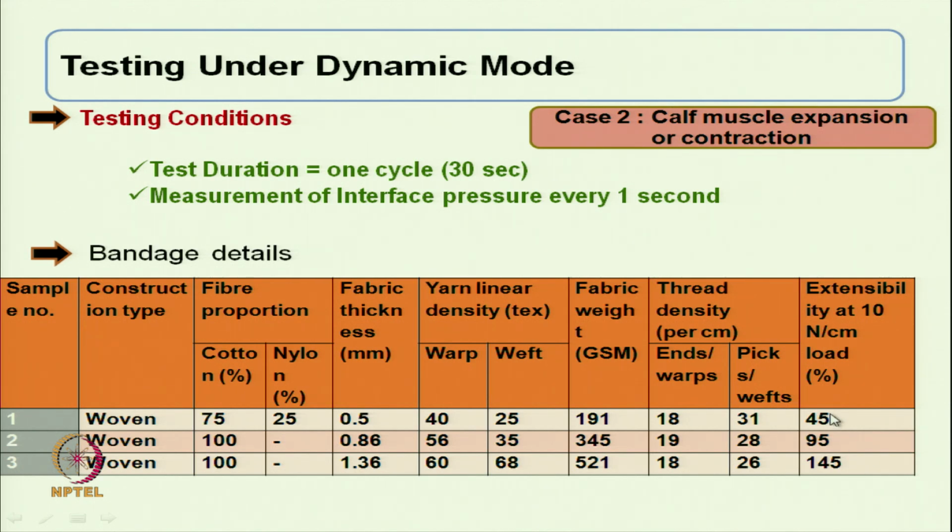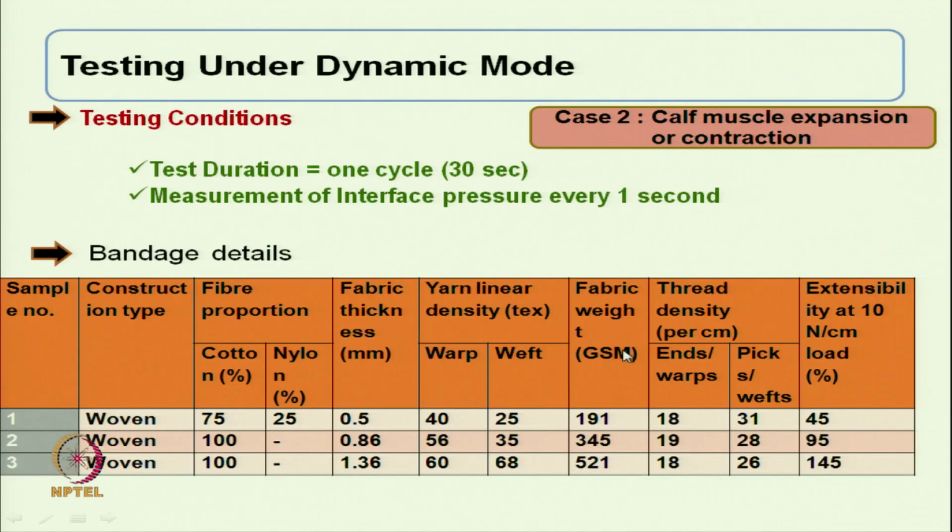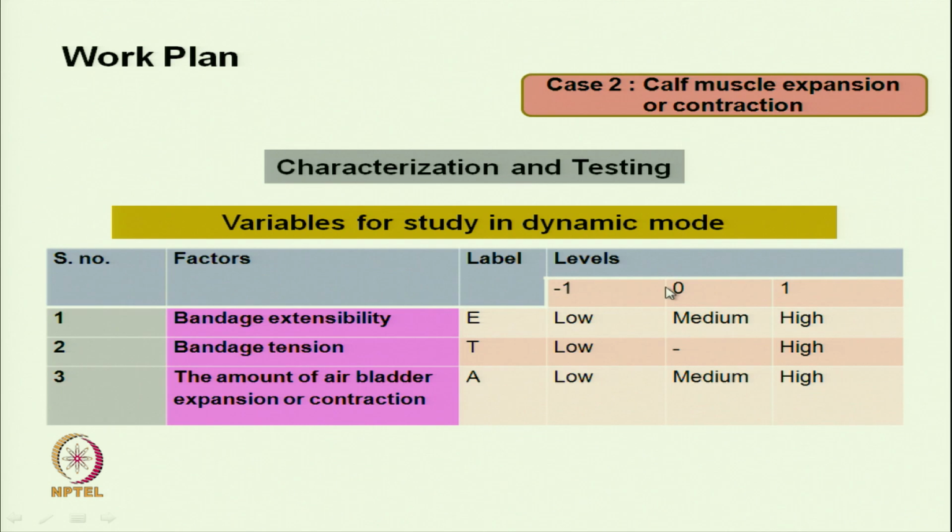These are low extension, medium extension and high extension, and we have coded these values as E -1, E 0 and E +1, 3 levels: -1 level, 0 level and 1 level. So, bandage stretchability is low, medium, high. Low means 45%, medium 95% and high is 145%: -1, 0, 1.